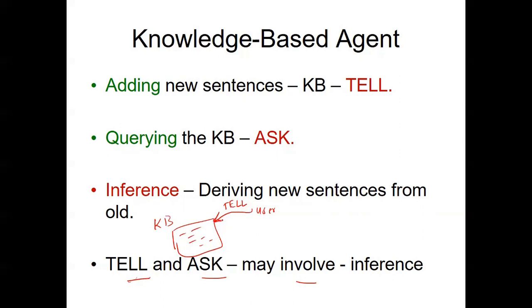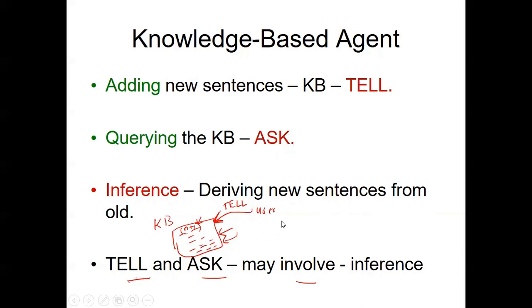Now the knowledge base has one additional sentence. Previously, say if it had n sentences, now it has n plus one sentences. Once this new sentence is added, the agent may, based on it, infer some new things, and it may add some further new sentences. So tell can create inference, right?